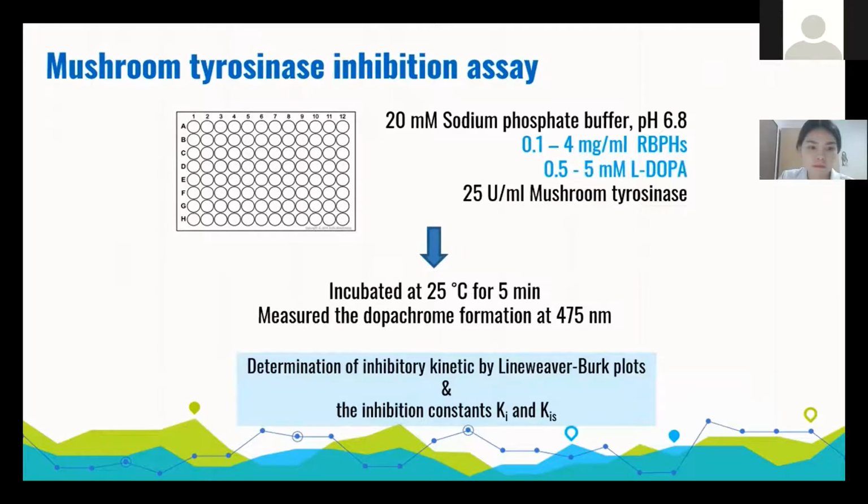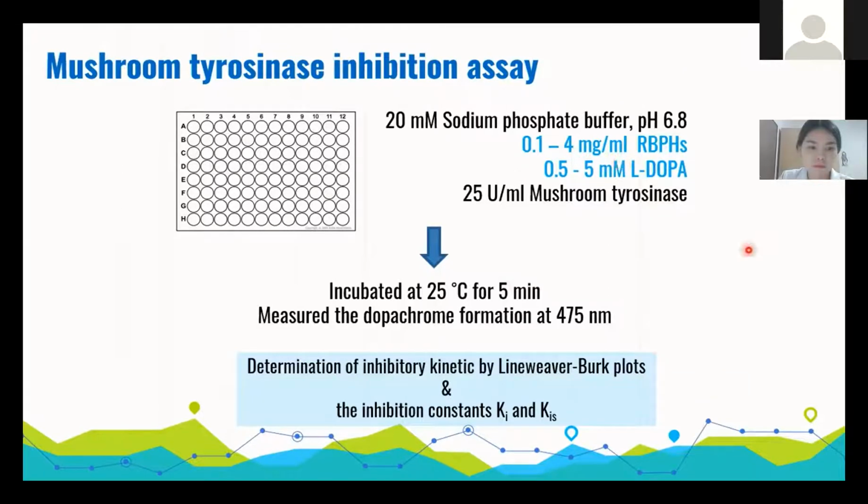The kinetics assay of RBPH on mushroom tyrosinase was performed using various concentrations of L-DOPA in the range of 0.5 to 5 millimolar and RBPH at 0.1 to 4 mg per milliliter.